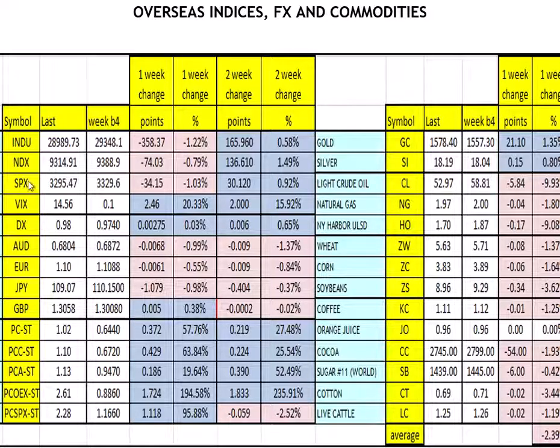For instance, if you look at gold, over 2 weeks it went up by $15.2 US per ounce, and that is a 2 week change. But last week the price of gold went up by 21.1, which tells you straight away that the week before the price was down, because collectively it's a $15 rise, but only 21 rise last week.